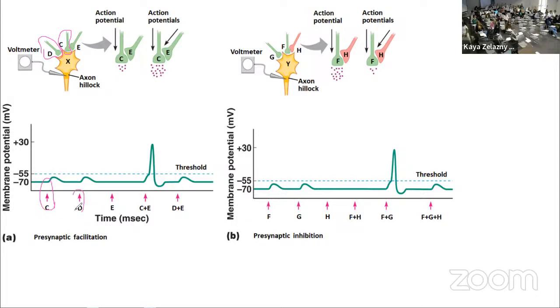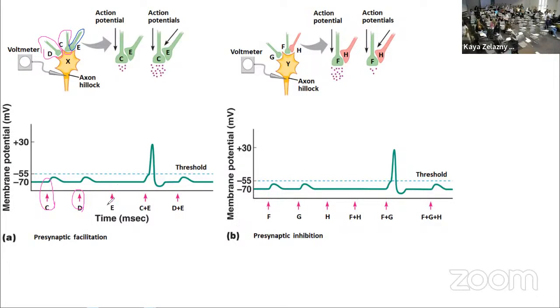D fires, creates a slight depolarization. But modulator neuron E isn't connecting to X. We're looking at an axo-axonic connection between E and C. So the synapse of E, actually they're on the axon terminal of neuron C. So E isn't affecting X directly.